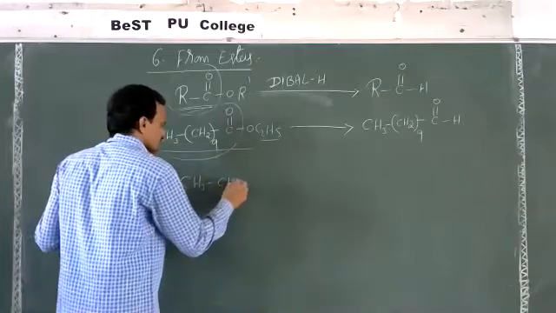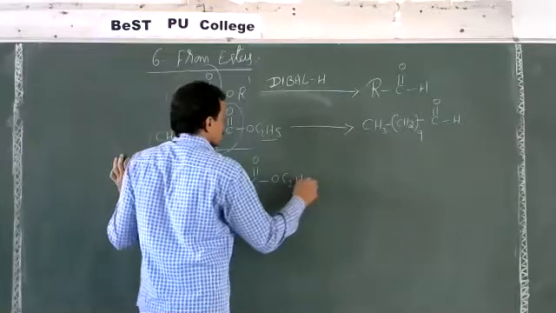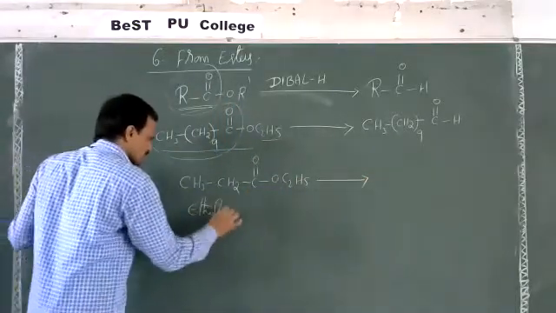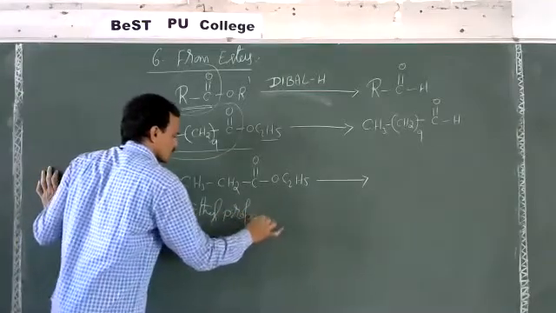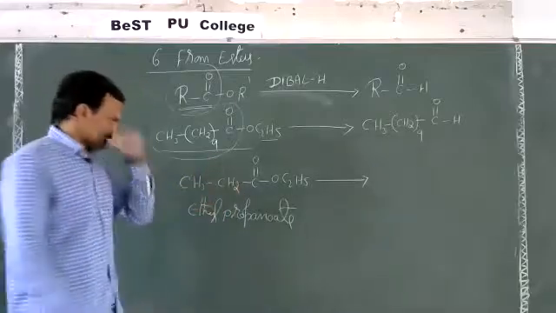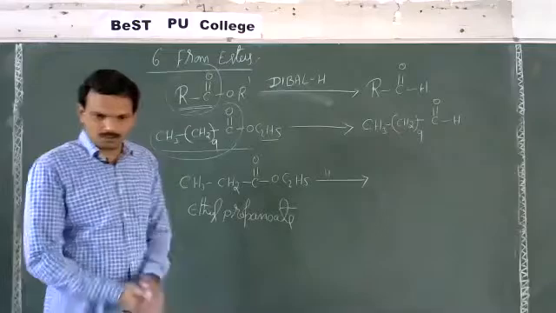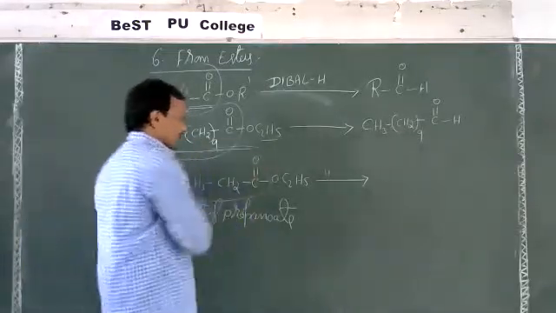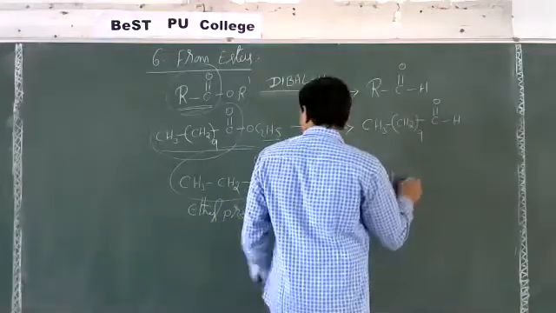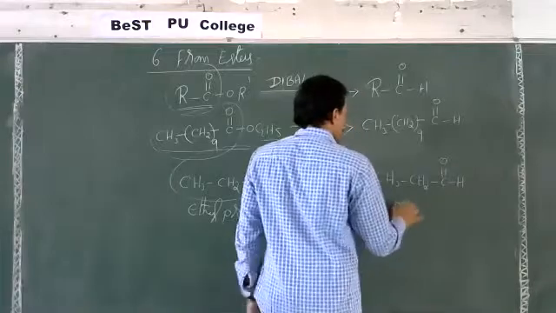Okay, a simple example also I'll take here. CH3, CH2, COOC2H5. This is nothing but ethyl propanoate. And this ethyl propanoate on reduction in the presence of DIBAL-H, what this alkanoyl group is there, RCO group, that gives the corresponding aldehyde CH3, CH2, CHO, nothing but propanal.